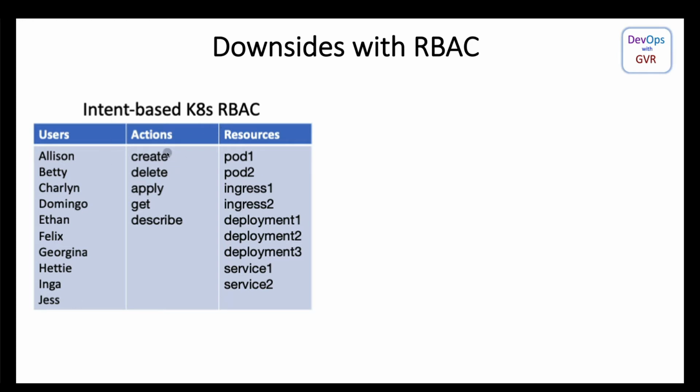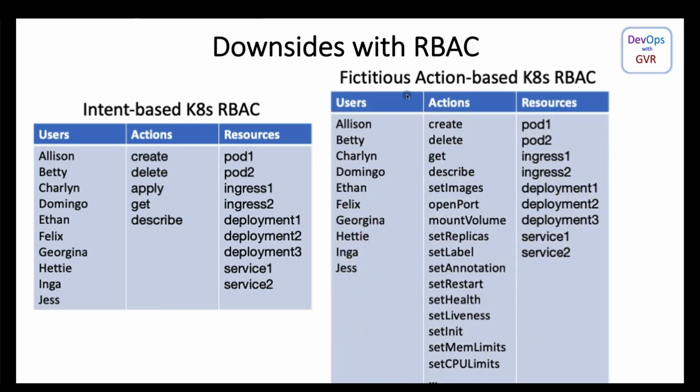I can define actions. What actions? Create, delete, apply, get, describe. That's it, right? But even if you limit these options, these users can do more than what we allowed in RBAC. This is just an imaginary table. What the users can do is specify more replicas, specify any label, specify health and liveness settings.